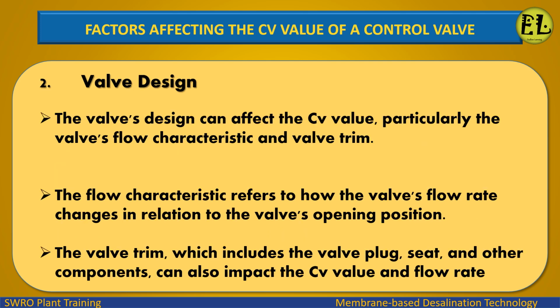Valve design. The valve's design can affect the CV value, particularly the valve's flow characteristic and valve trim. The flow characteristic refers to how the valve's flow rate changes in relation to the valve's opening position. The valve trim, which includes the valve plug, seat, and other components, can also impact the CV value and flow rate.